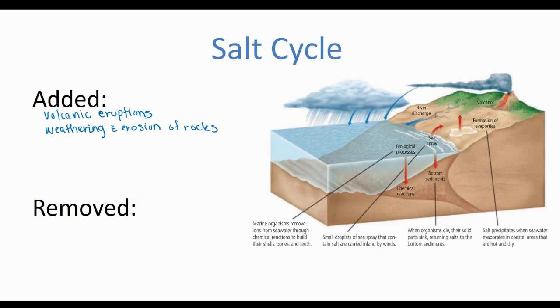Now, how is that salt removed from the ocean? So that salt can be removed from the ocean by the formation of evaporites. So basically we have evaporation of water.